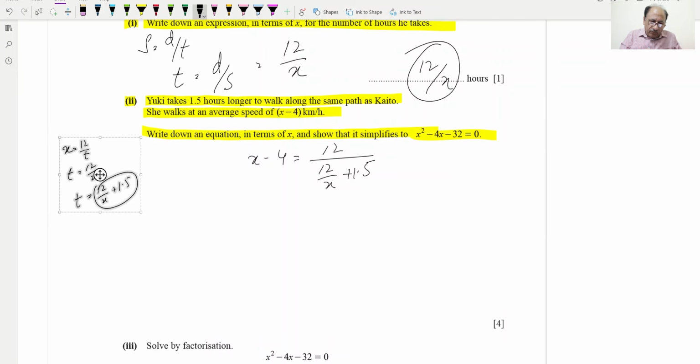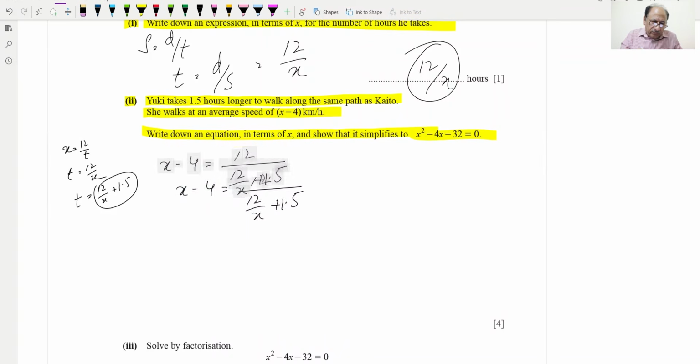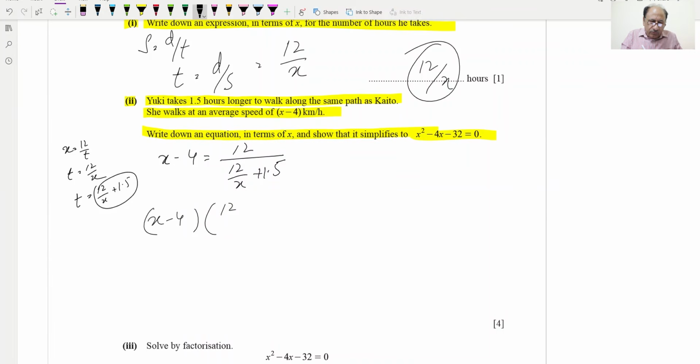This is the working for your explanation. Now on the next step, x minus 4, we can cross multiply: 12 over x plus 1.5 is equal to 12, and further we can multiply them.